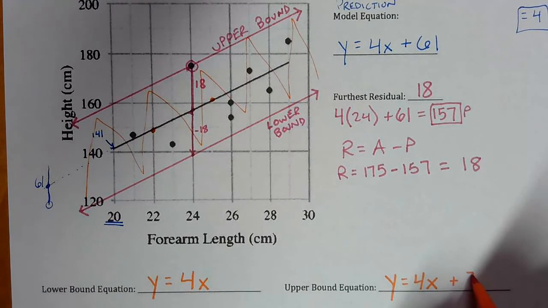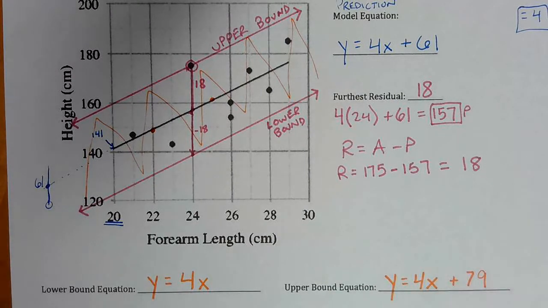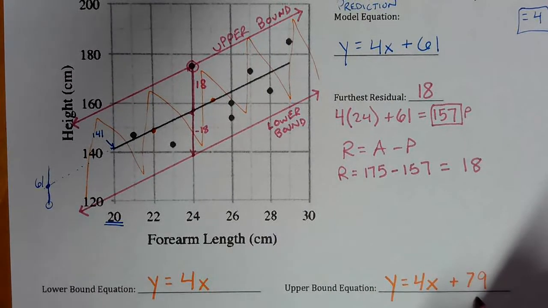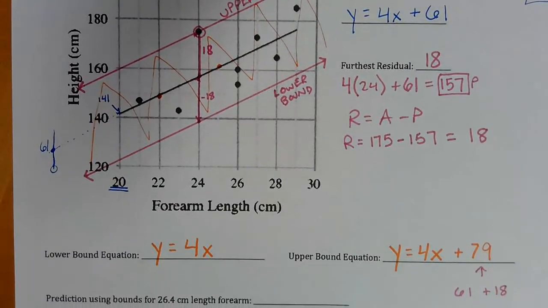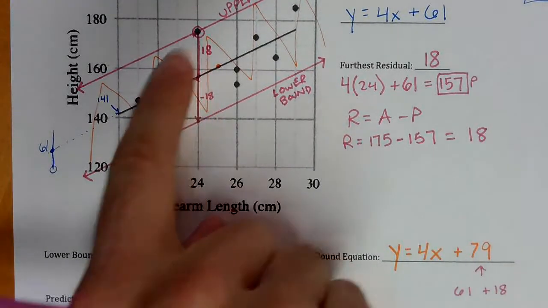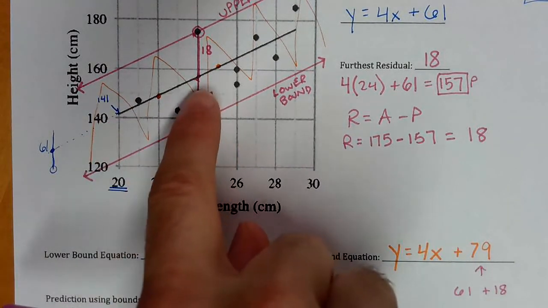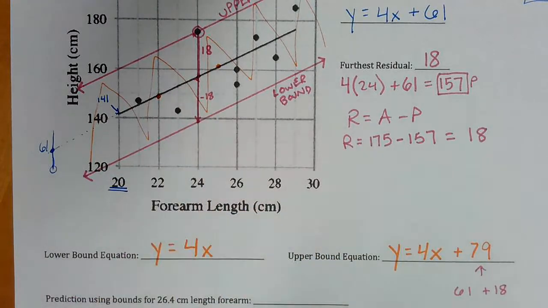I end up with a y-intercept of 79. Now, if I want the lower boundary, I'm taking that y-intercept and moving it down 18.